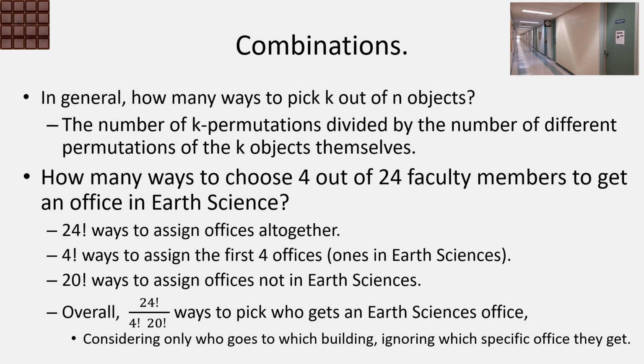That is, we consider all the possible orders of assigning offices in earth science to the same 4 people as the same thing, and divided by 20 factorial, where again we consider all possible ways of assigning offices to people who are left in engineering. If they're the same 20 people, we consider them to be the same.